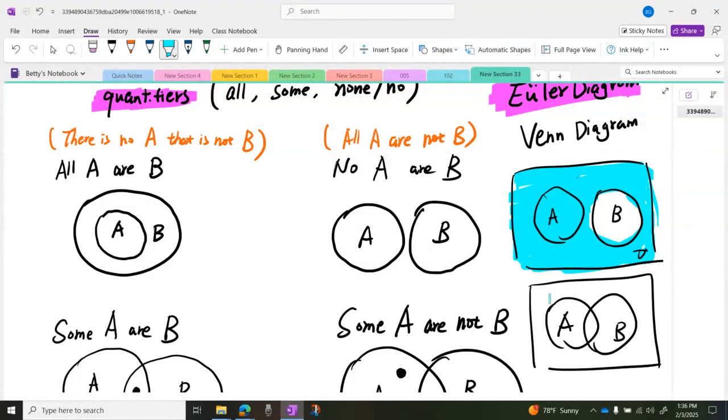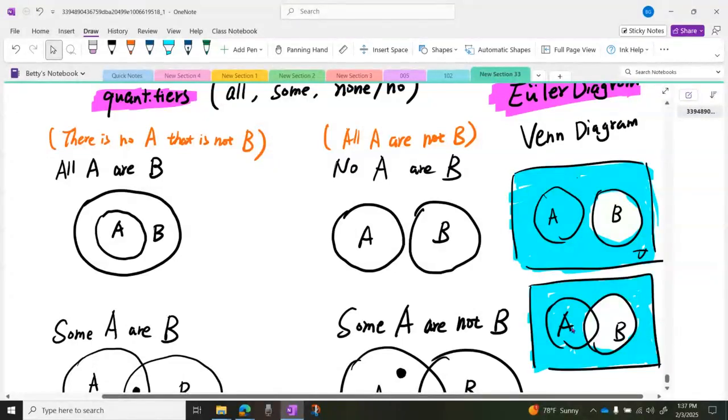Let me use the same color blue to represent not B. The region I'm highlighting in blue, outside circle B, inside the box, is not B. In the case where A and B overlap, not disjoint, we do not have all A in not B. We do not have the set A completely in the blue. Only when A and B are disjoint do we have circle A completely fall in the blue, right?